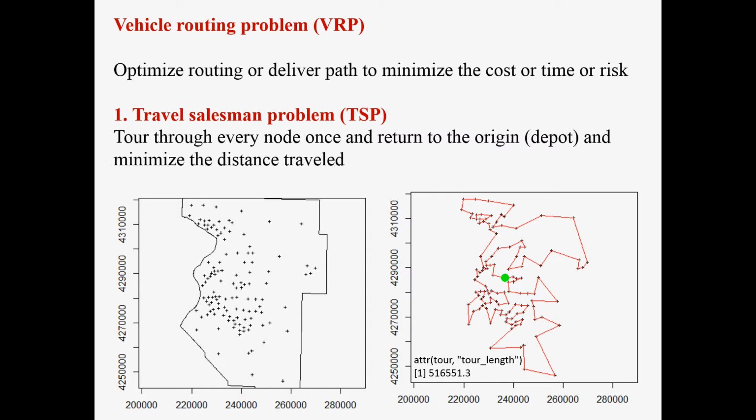That is, if you have a number of points where customers live and you want to make some delivery to them, what will be the optimal routes where you visit every single customer one time to make delivery without returning to them?